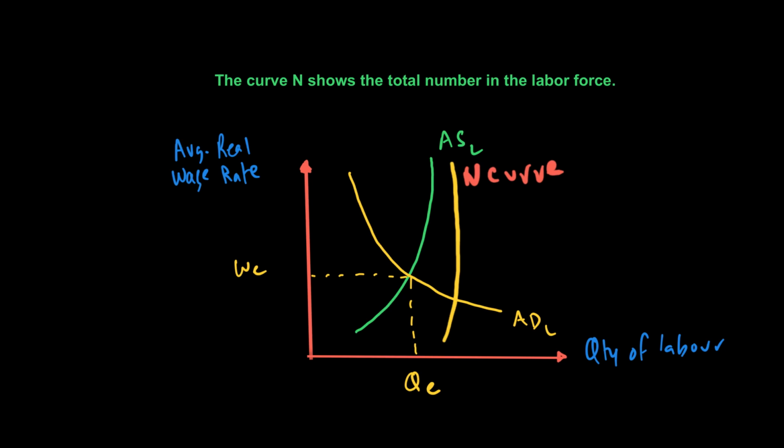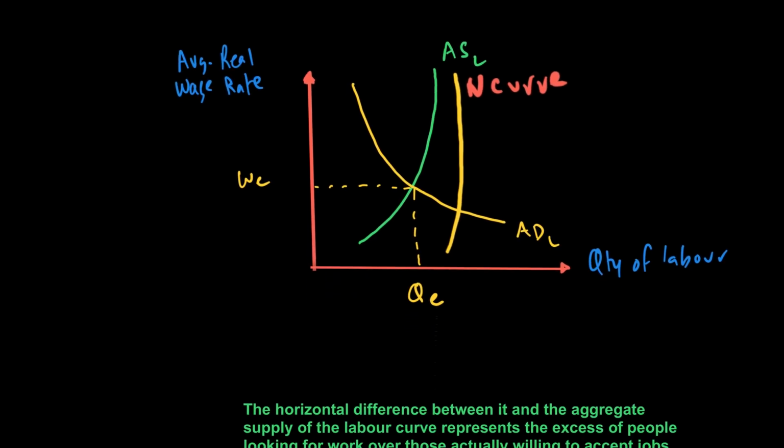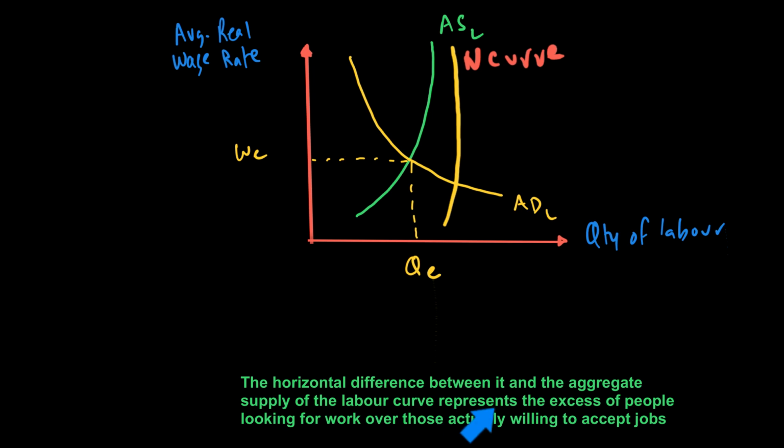So the horizontal difference between the N curve and the aggregate supply curve of labor simply represents the excess of people who are looking for work over those who are actually willing to accept jobs. For example, if I look at this distance here, it is basically AB, where B is the total number of people who are willing and able to work, while QE is the total number of people who are willing and able to work and are actually working.